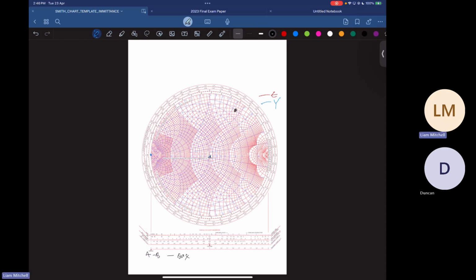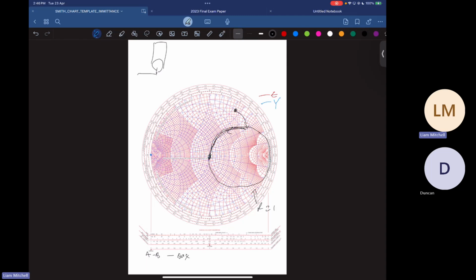If this is your point, and you try to move to the R equals 1 point, if you try to move here, sorry. If you did this to the r=1 circle, and then you moved here, right? You are essentially adding a series stub. That means that you are doing something like this.